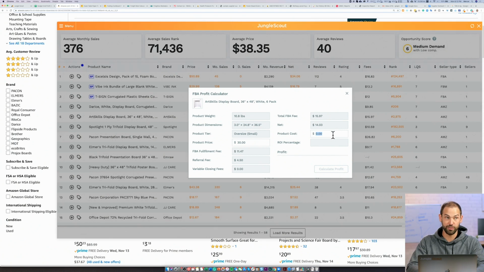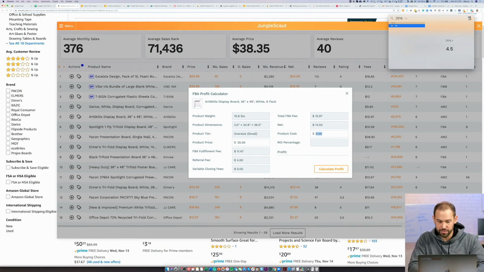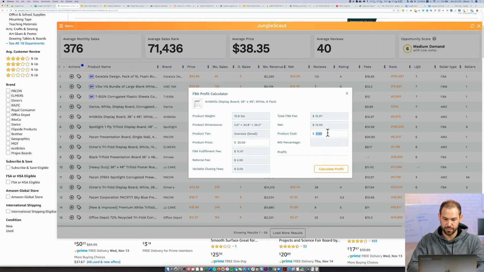So let's see, if we split the difference there, 75 cents, we'll do 75 cents times a 6-pack, $4.50. So the profit for this one's going to be much better. If that was the case, it'd be $9.50 profit off $4.50 product costs.